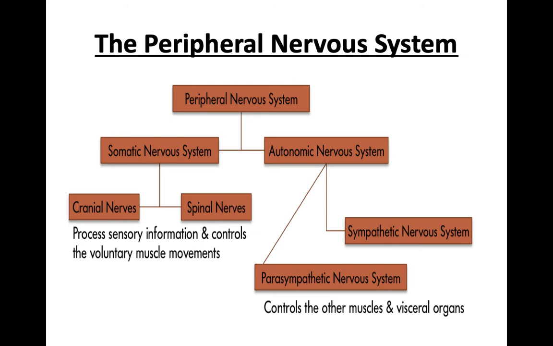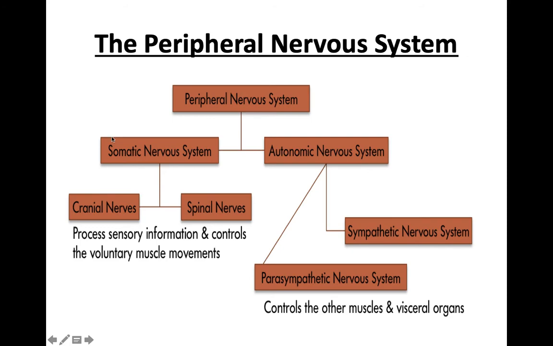Of course, we know that there's also involuntary processes. Without our awareness, our brain is always sending signals to our organs so that we digest our food, and so that the muscles holding us upright in our posture don't stop working. And all of this occurs through the peripheral nervous system as well.